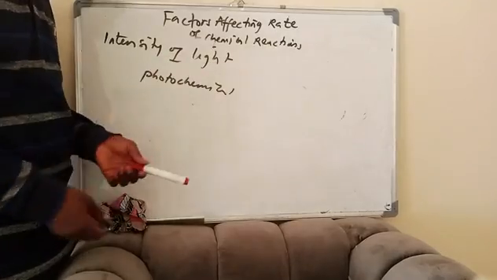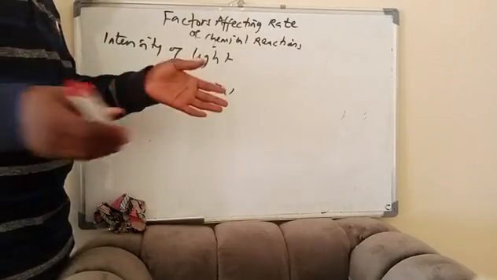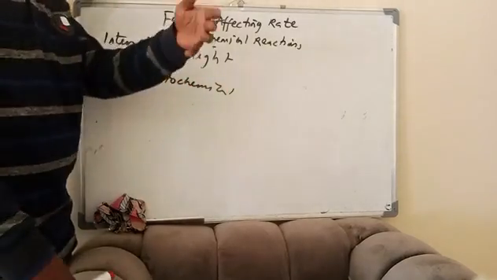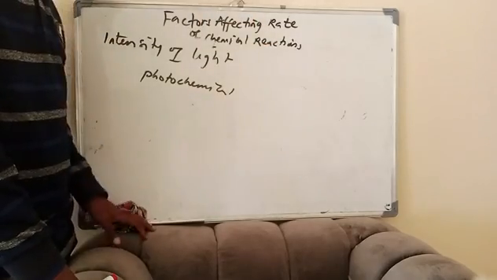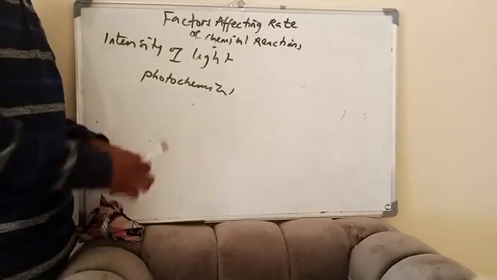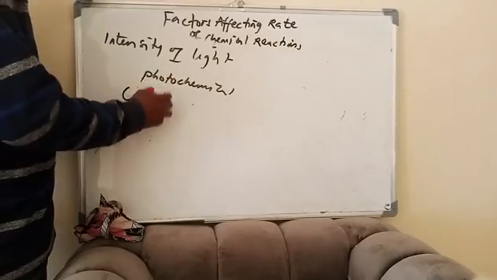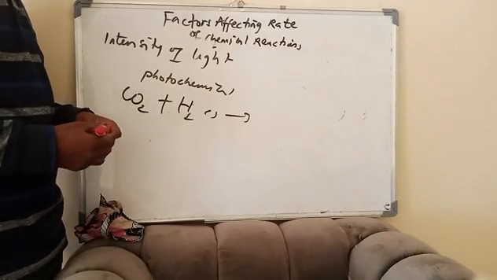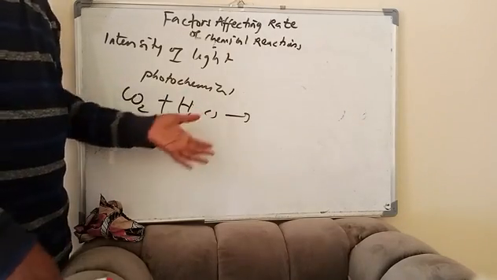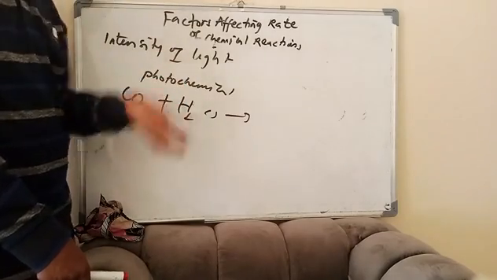An example is photosynthesis, the reaction by which green plants synthesize their energy. They use water and carbon dioxide, which we breathe out, and combine them to form glucose or whatever. This is a photochemical reaction. It happens in the presence of sunlight.